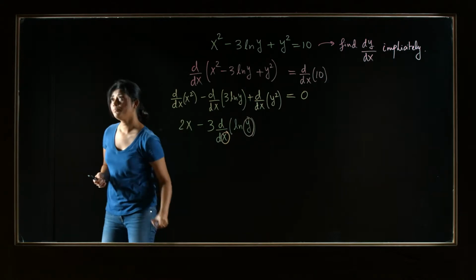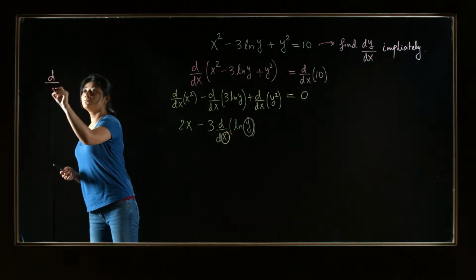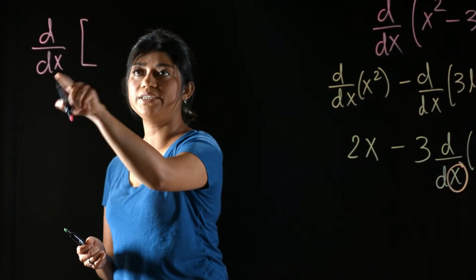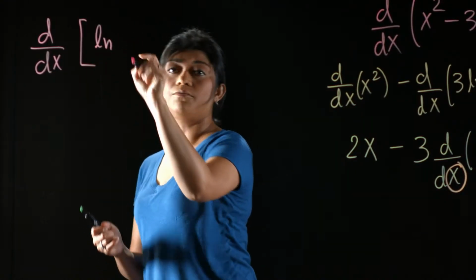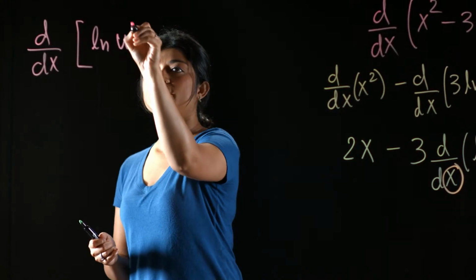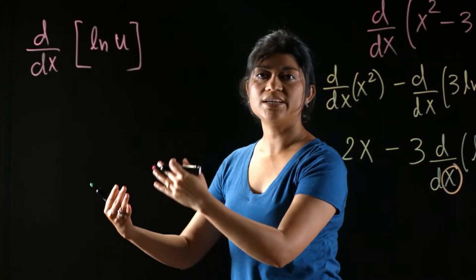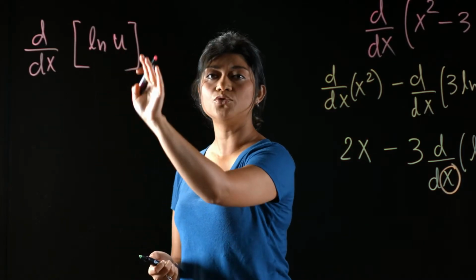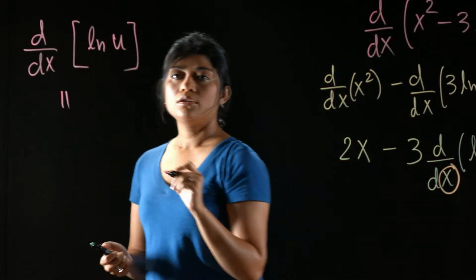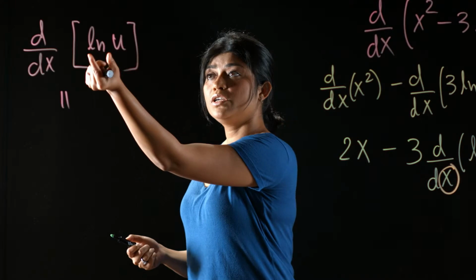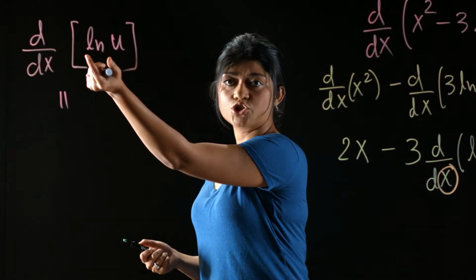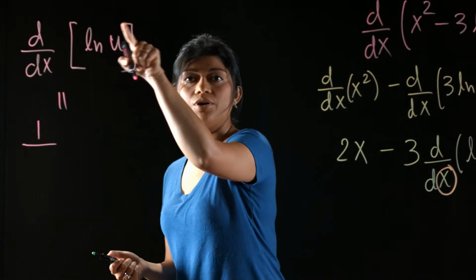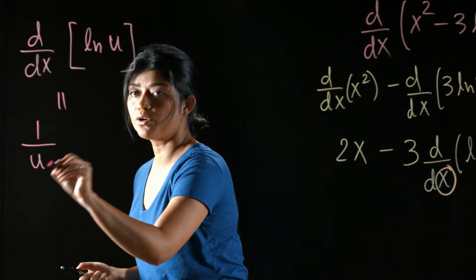Please recall that when you have a situation like that, say you have to evaluate d dx of natural log of not x, but say a different expression u. Then what do we use? Chain rule. So chain rule says first you consider the outside function natural log, and the derivative is 1 over whatever expression is there, so 1 over u.